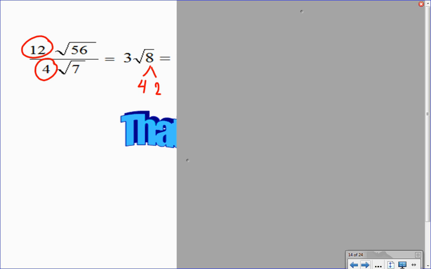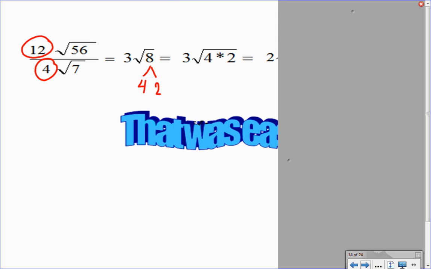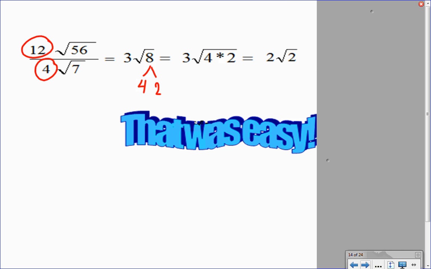And we know the square root of 4 is 2. So we'll move this outside the radical as 2. So that becomes 3 times 2, and then this 2 stays within the radical. So we've got 6 square roots of 2. So the division part really is done with here, and then you're just simplifying it.